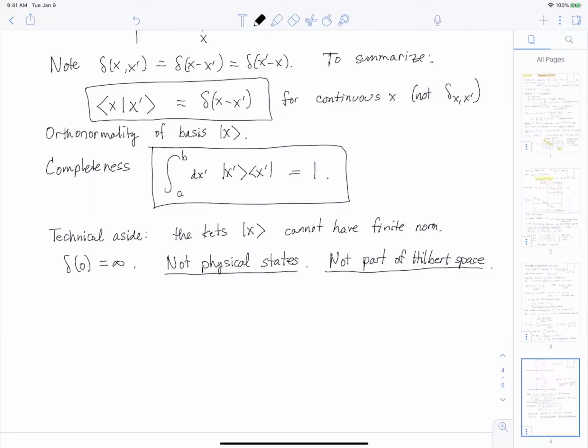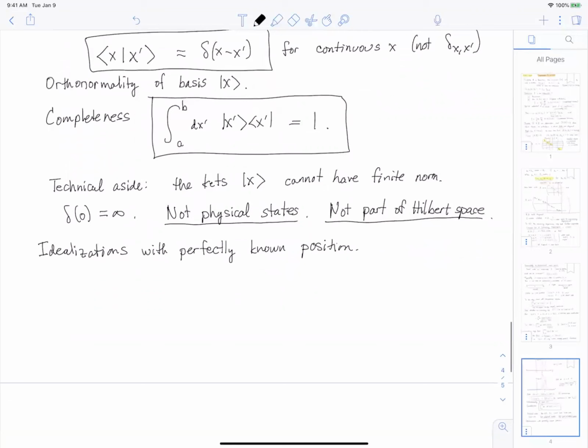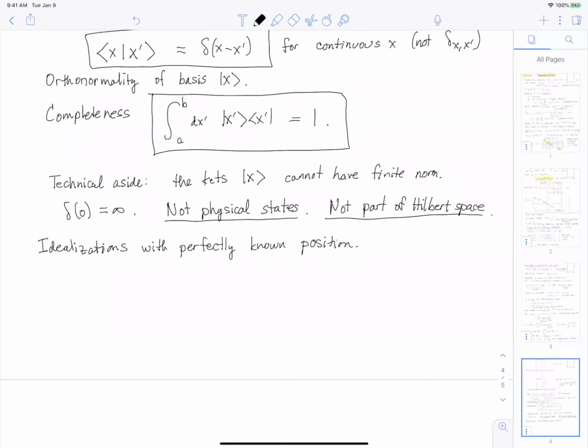They don't actually exist physically, but we use them anyway because they're so useful. But because they're not proper kets, they're not a basis either. So the set of all |x> is technically not a basis.